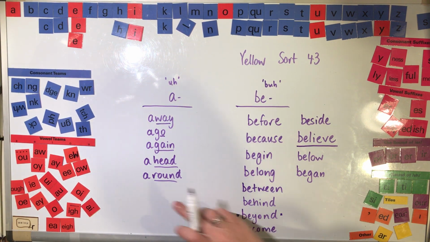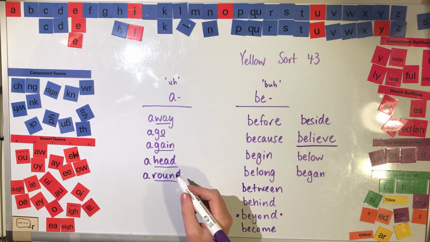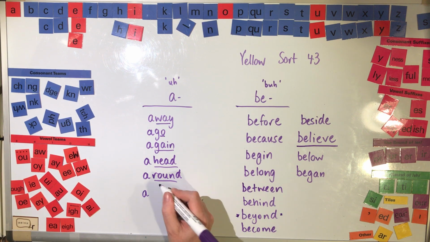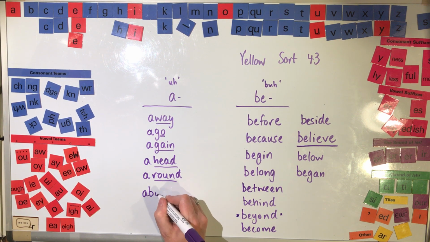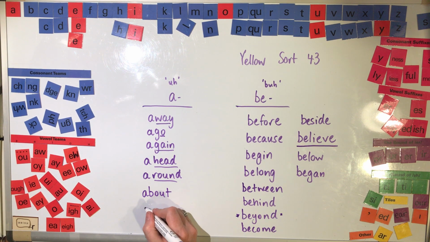Okay, let's keep going. We'll do our A words. So we've got away, ago, again, ahead, around, about. Go around, the roundabout. Alive, live. Along, come along.